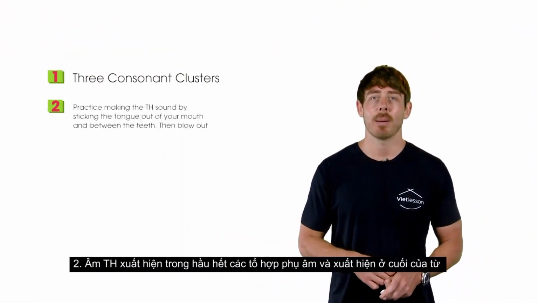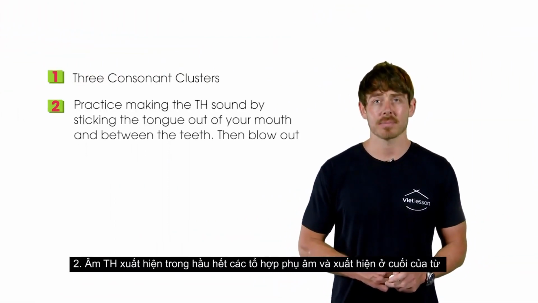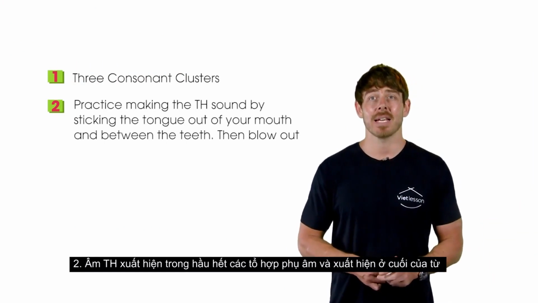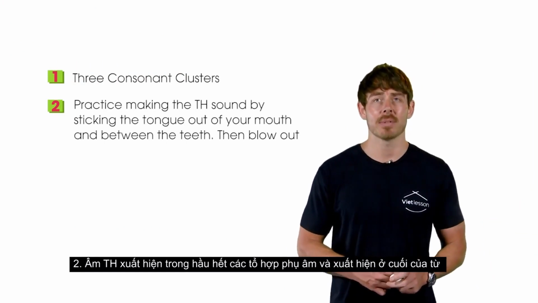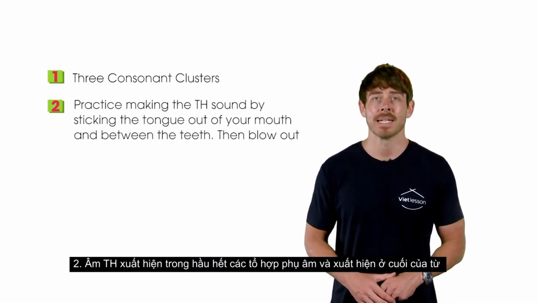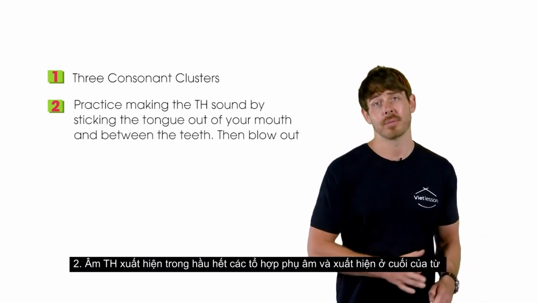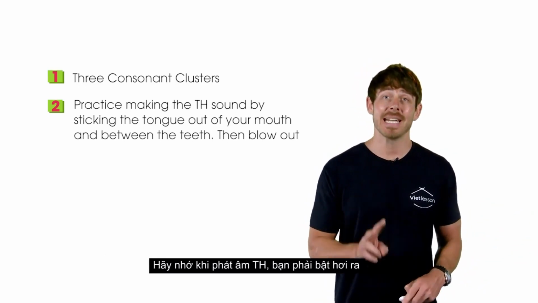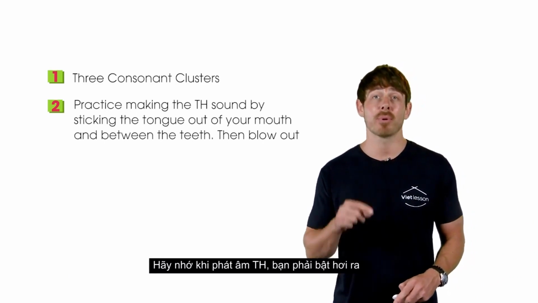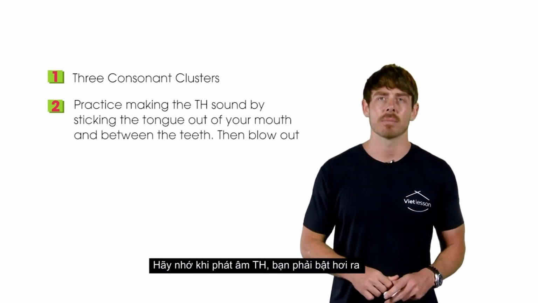Number two, we are moving on to the TH sound. The TH sound is in most of the consonant clusters, and it's at the end of the word. Remember, for the TH, you must breathe out to make the correct sound.